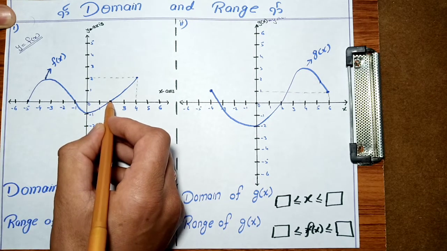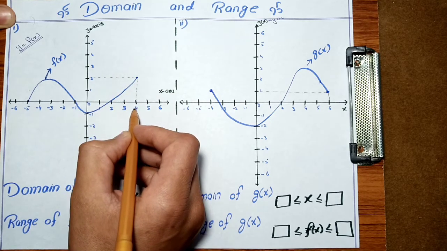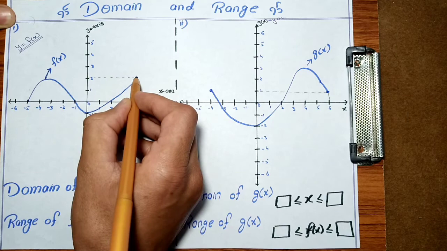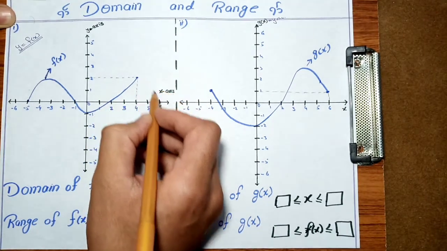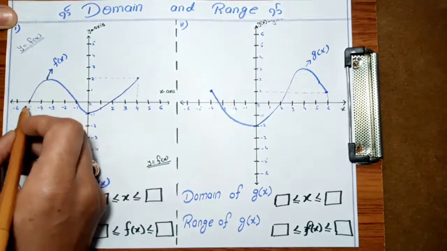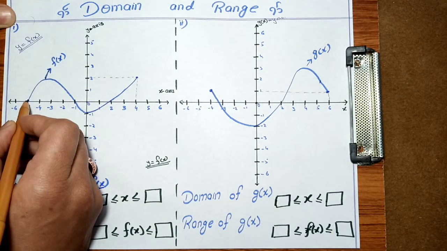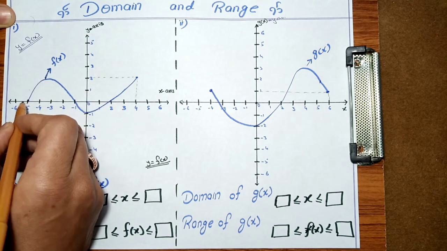At 2, f of x is defined. At 3, f of x is defined. At 4, f of x is defined. But at 5, f of x is not defined. At 6, f of x is not defined. It means the domain should start at minus 5, because at minus 5 f of x is defined.